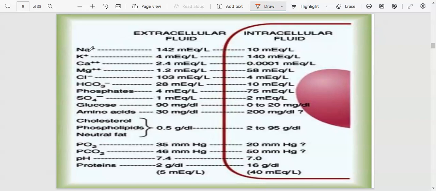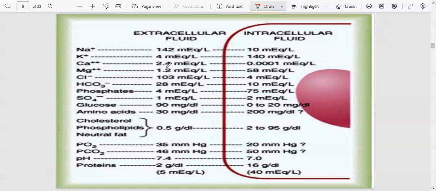And then the potassium ion is much higher inside the cell than outside the cell. Inside the cell, there's about 140 milliequivalents per liter, and outside is just 4 milliequivalents per liter. And for calcium, calcium is higher outside the cell than within the cell.